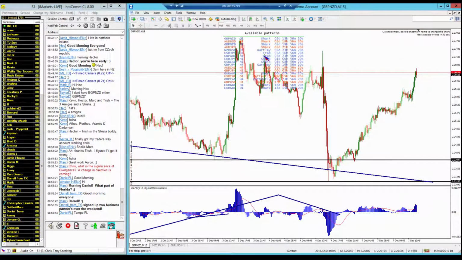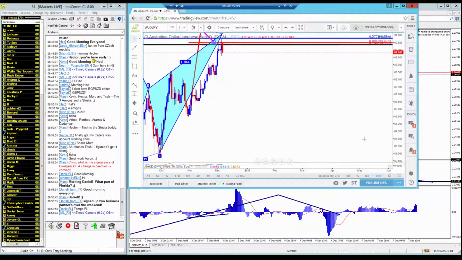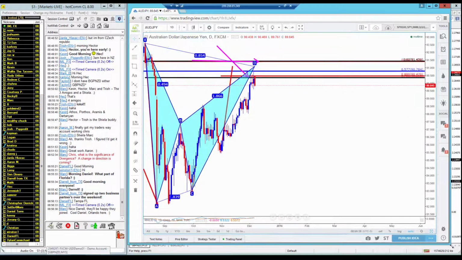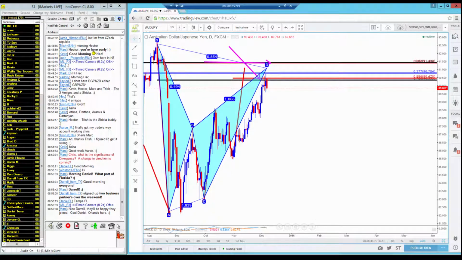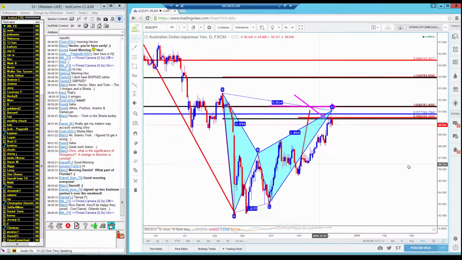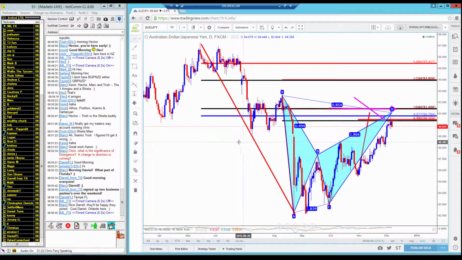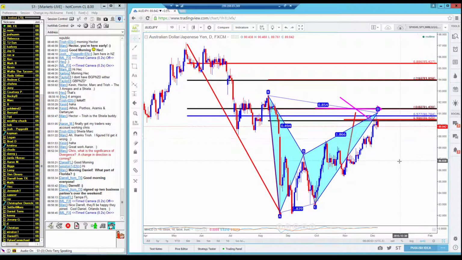Nothing so pretty there. And what we're going to do is I'm going to turn this off, and we're going to turn on TradingView. All right. And we took a look at this last night in the Night Owl.